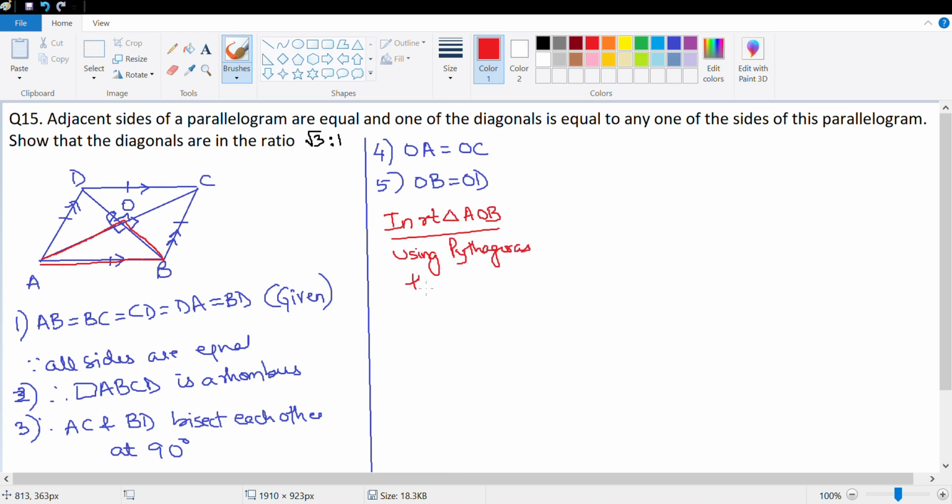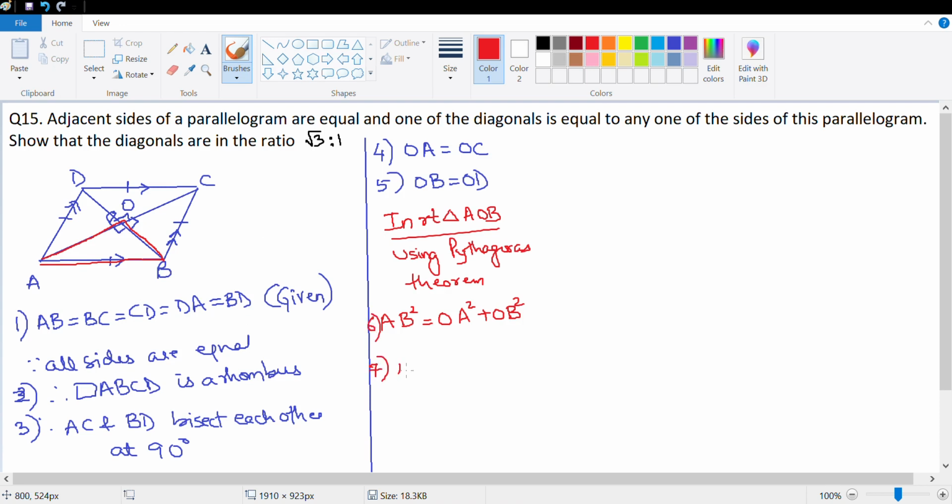So using Pythagoras theorem, I get AB square is equal to OA square plus OB square. Yes, AB square is equal to OA square plus OB square, which means, let's give it a number 6.